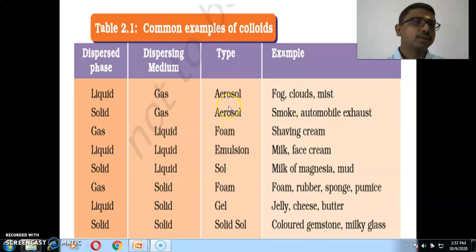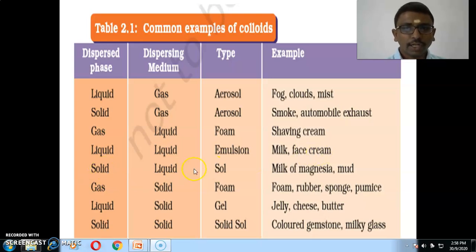Yes, it's aerosol, and the examples are smoke and automobile exhaust. And gas in liquid is a type of foam. The example is shaving cream. And liquid in liquid is an emulsion. The examples are milk and face cream.